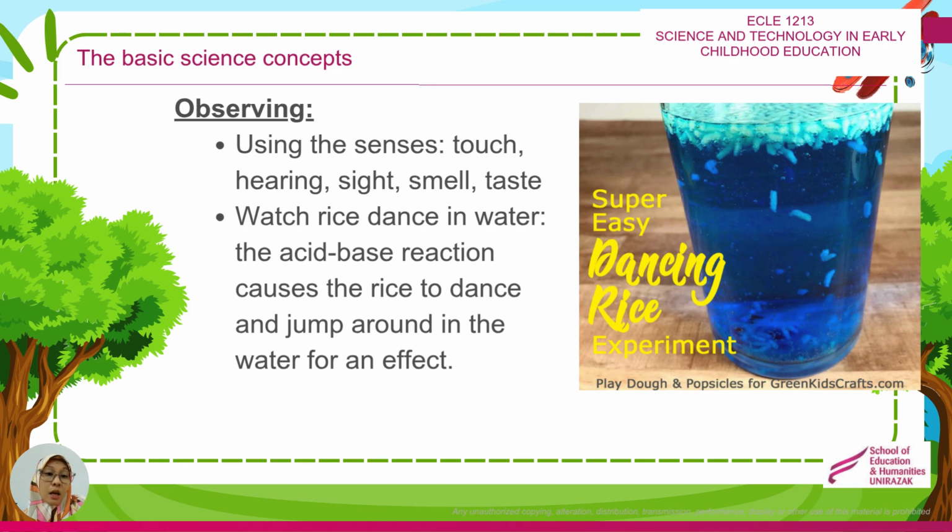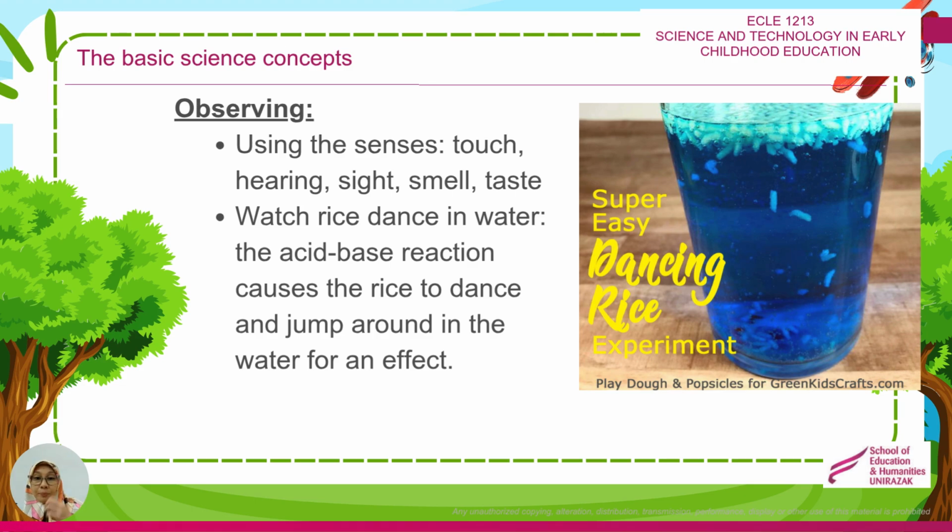For example, we can do this experiment with the children. We can watch the rice dance in water. When we mix certain things like acid and base, it will create a reaction that causes the rice to actually dance and jump around in the water.